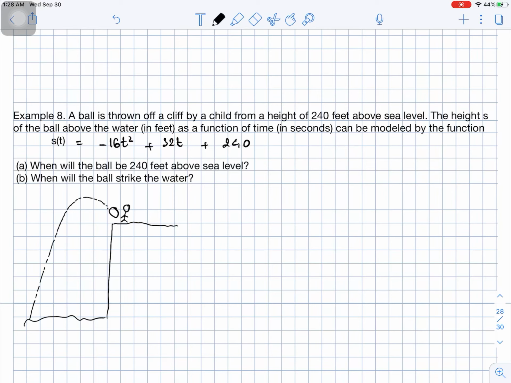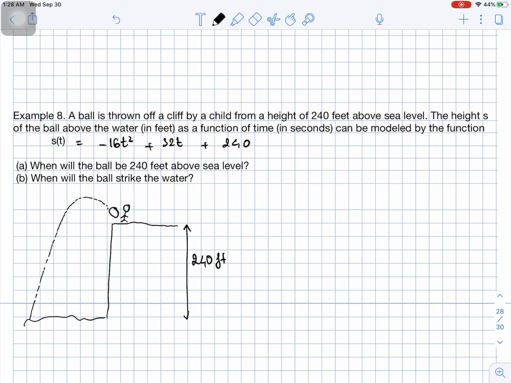So he threw this ball and the ball will go up, and then later on it will hit the water, right? And they're telling us that the height of the cliff is 240 feet.